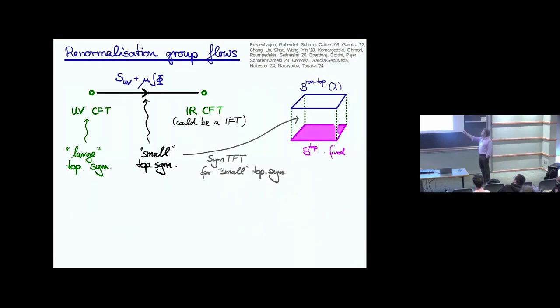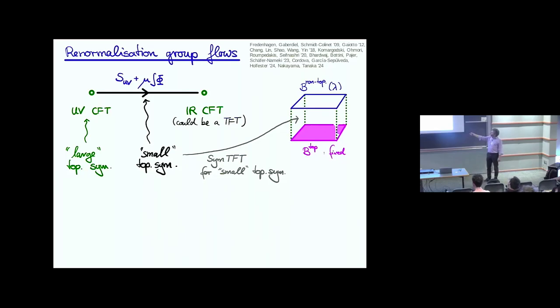That could be gapped, right? So that could just be a topological field theory, but it could also be a gapless theory, then it's the non-trivial conformal field theory. And so sort of the typical situation is that for the conformal field theory, you have a fairly large topological symmetry, right, whatever that may mean.